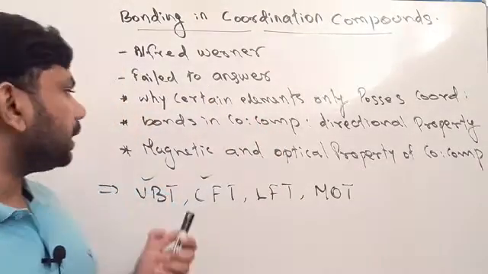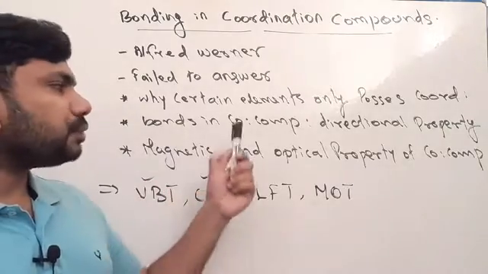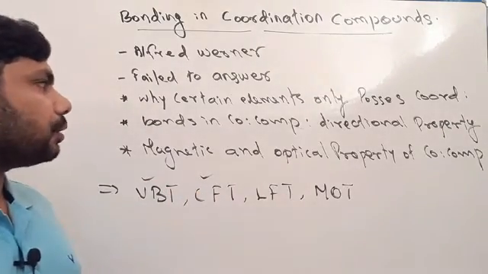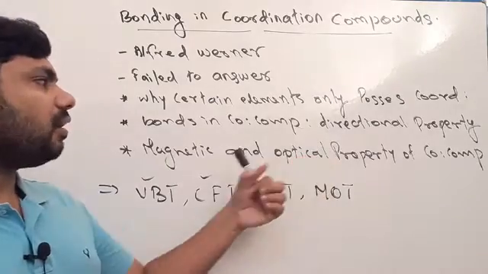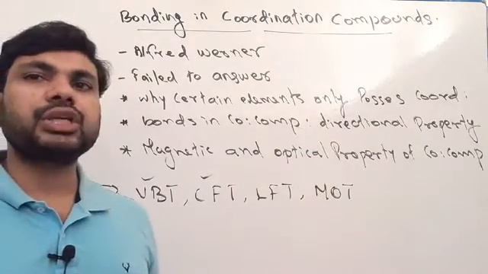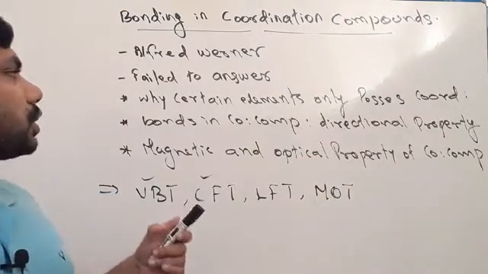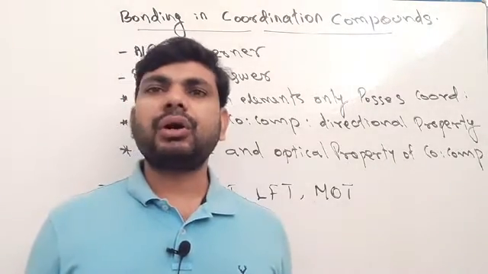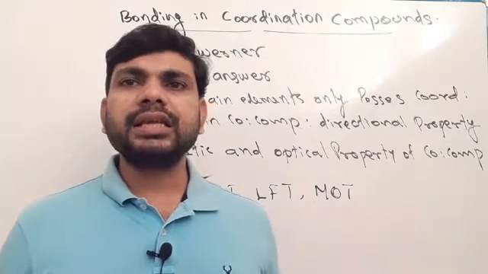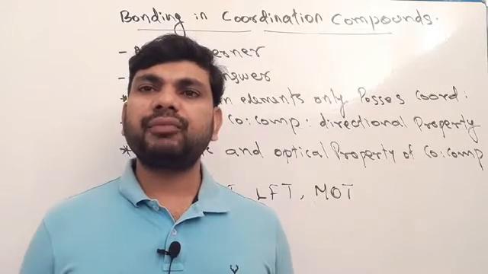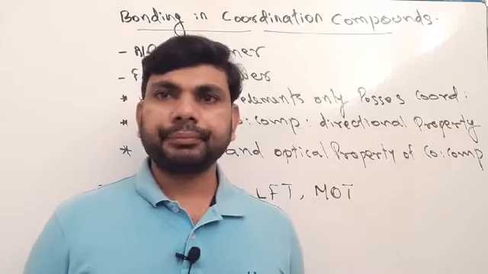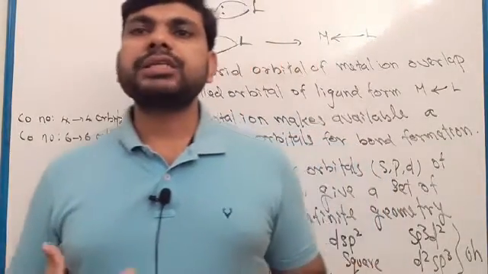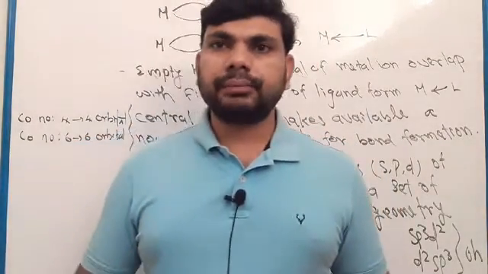He cannot explain the magnetic property, optical property, or directional property of the different bonds. Also he cannot explain why only certain elements make coordination compounds, not all elements. Next we have to discuss valence bond theory.